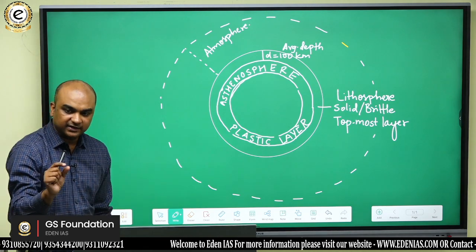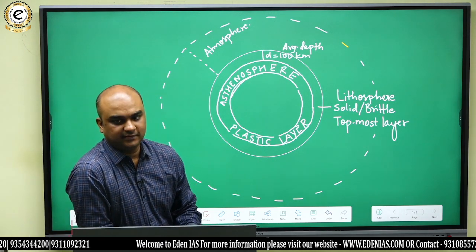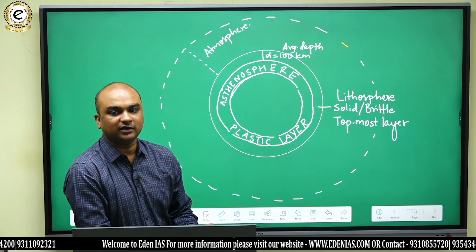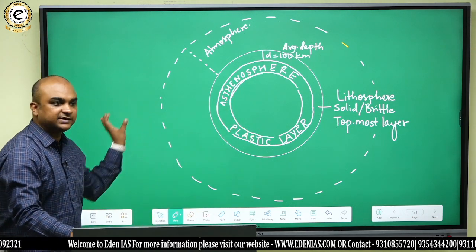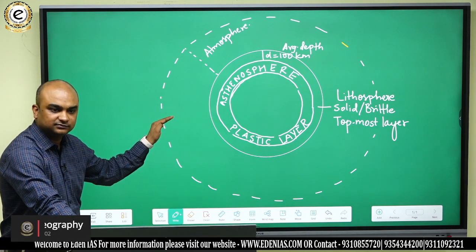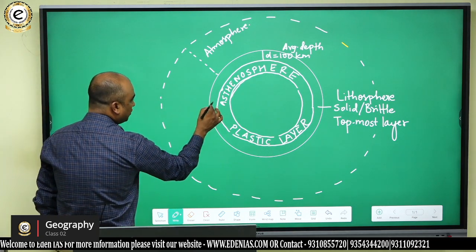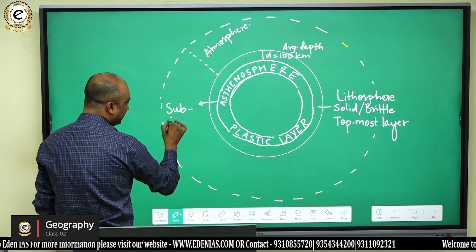अच्छा, लेयर के लिए एक और इंग्लिश वर्ड क्या है? Have you heard about this word strata? Right? So if lithosphere is strata, then asthenosphere lies under that strata. So that's why, ध्यान से देखो, asthenosphere is also known as substratum. ये कहीं पे लिख लो.